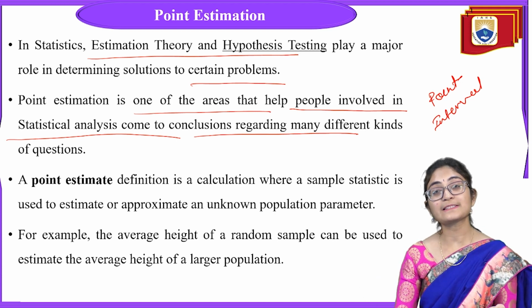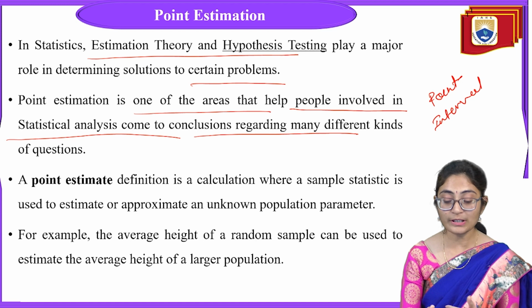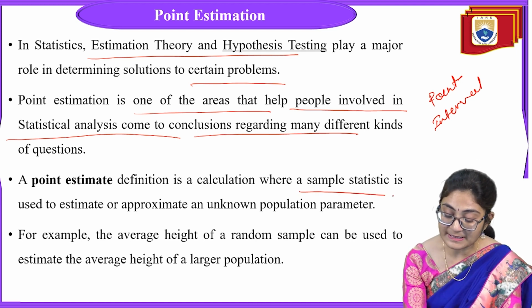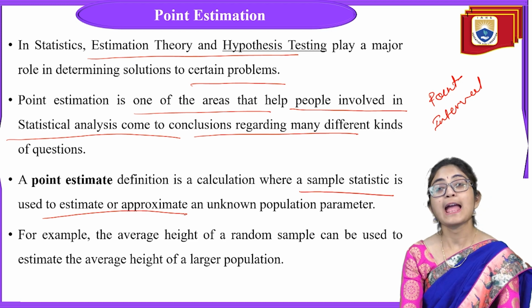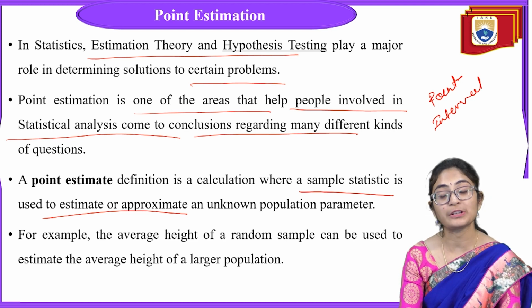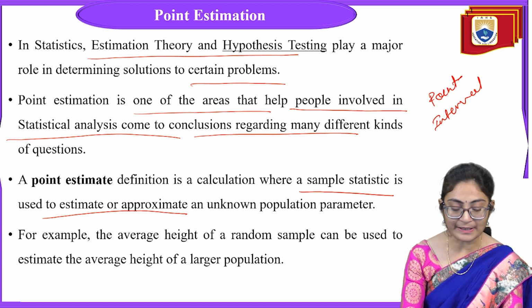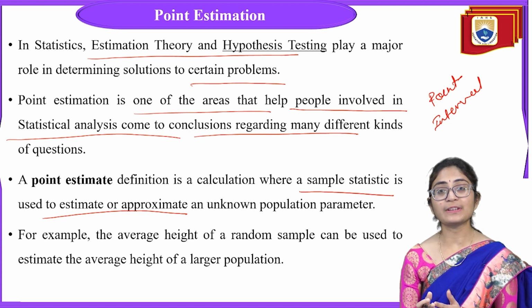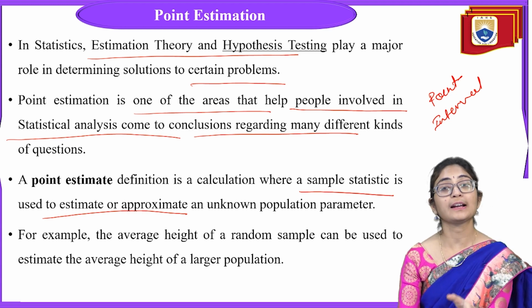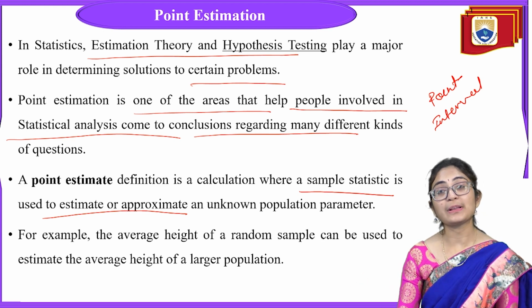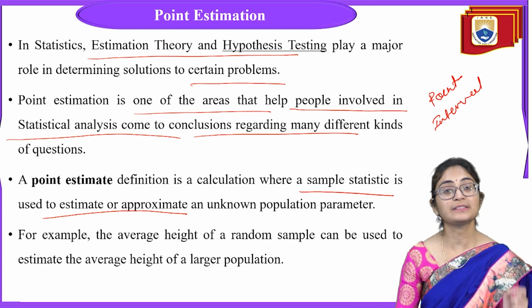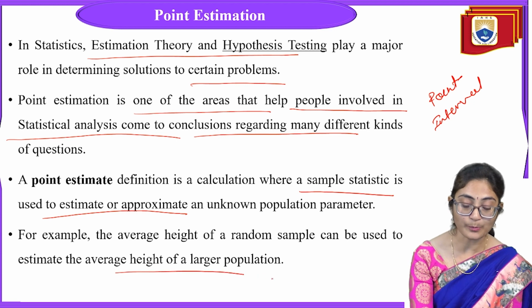Point estimation defines the calculation where a sample statistic is used to estimate or approximate an unknown population parameter. Let's take one example: the average height of a random sample can be used to estimate the average height of the larger population.